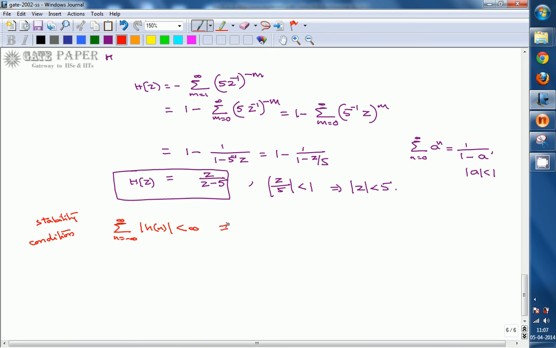So using this, we have h of n equals minus 5 power n u of minus n minus 1.